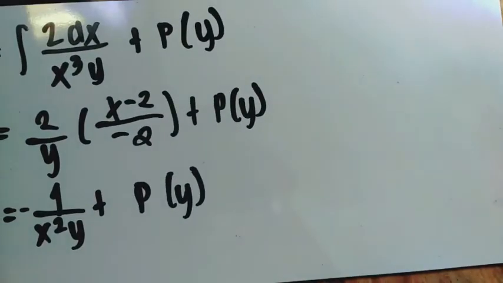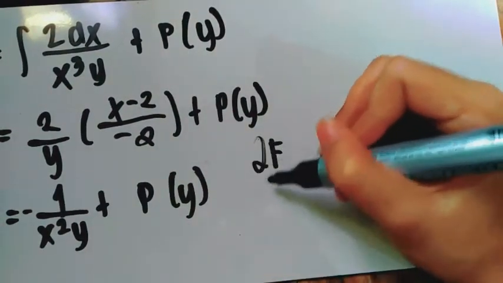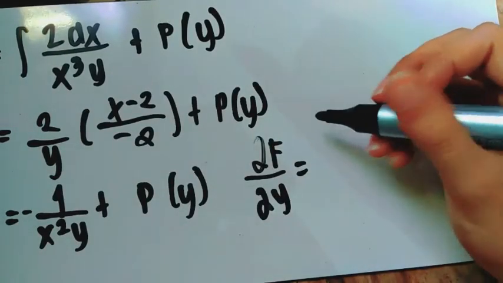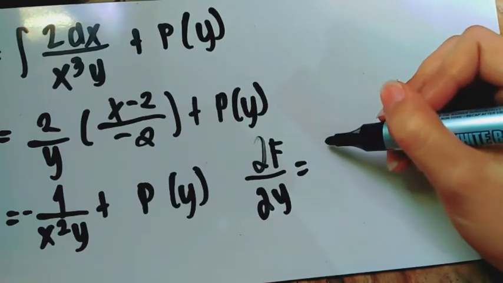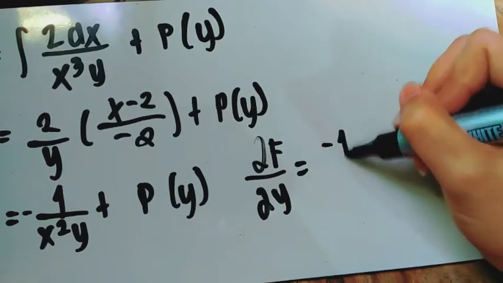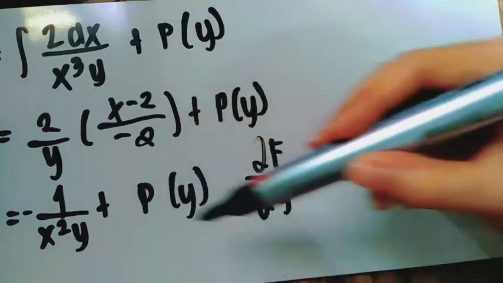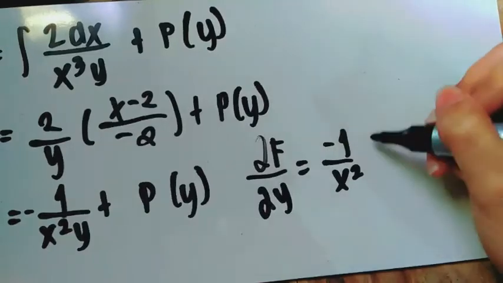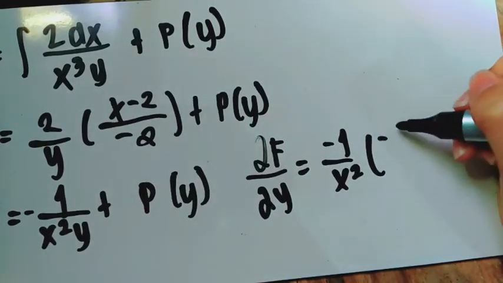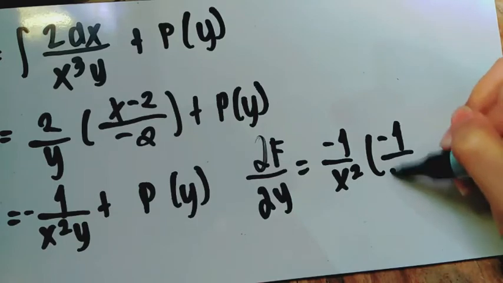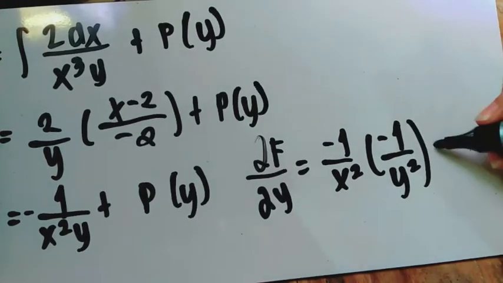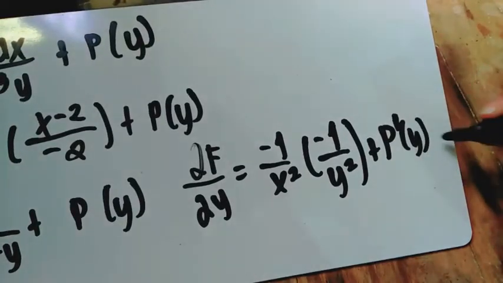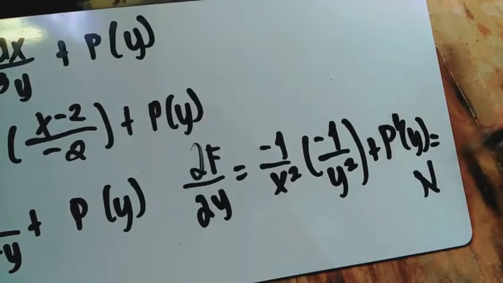Then, pwede na tayo mag-proceed sa partial of f with respect to y, where our partial of f with respect to y is negative 1 over x squared y squared plus p prime of y is equal to n.